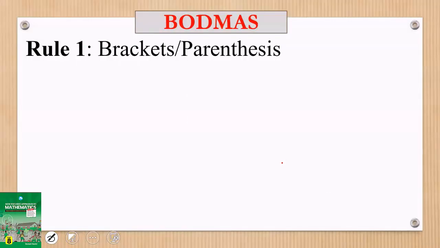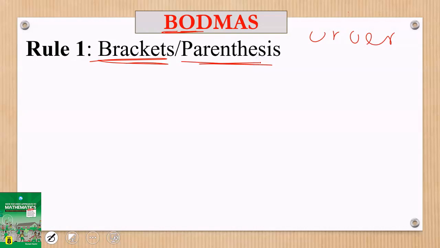Now, when we talk of BODMAS, we are saying bracket, order, and here the O means order. What we are saying is that anytime you are given any arithmetic involving more than one operational symbol, always consider doing the bracket or parenthesis first.